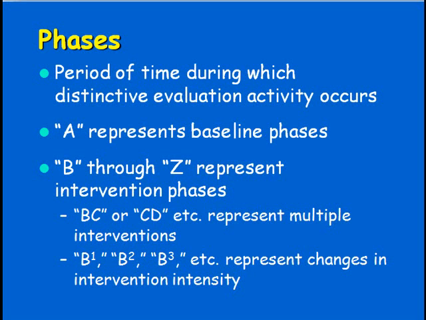So if you had somebody on 30 milligrams of Lexapro, and then 3 weeks later took them down to 20, and then 10, then you could also represent it by A-B1, B2, B3.